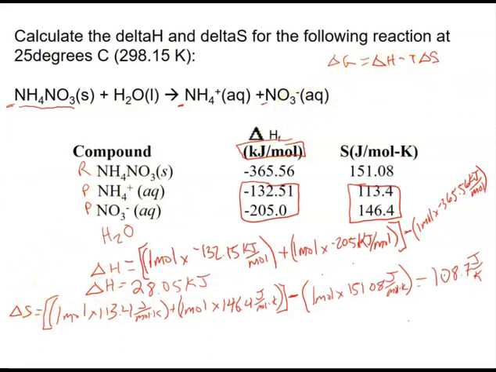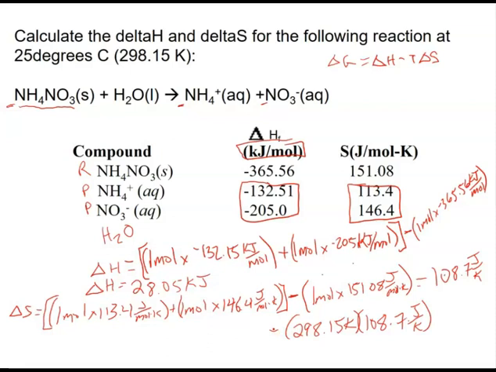We have the delta H value, we have the delta S value, and next we're going to determine the delta G value, which is what I want to do next. I am going to take these values, right? I'm going to take the T value, which is 298.15 Kelvin. I'm going to multiply that with my 108.7 joules per Kelvin.